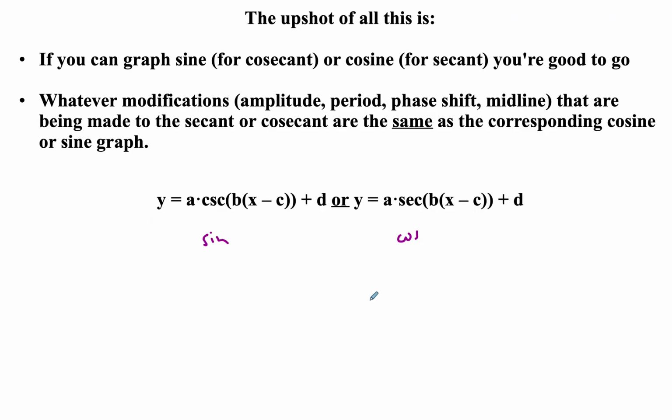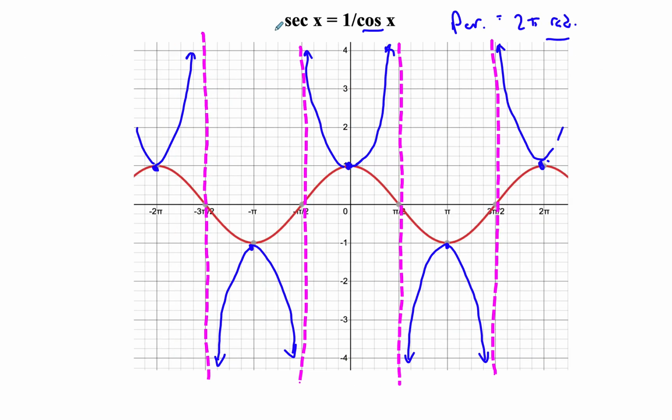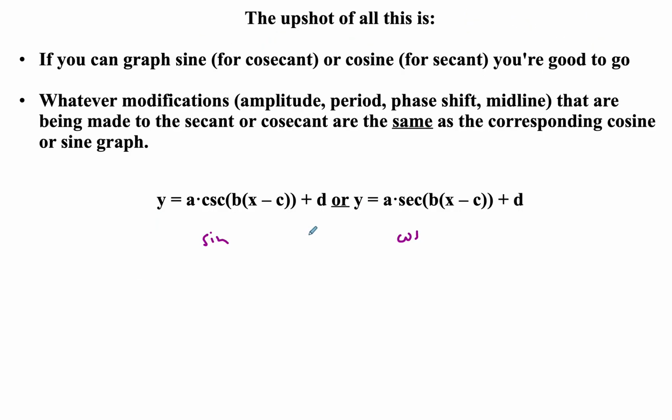In fact, a lot of the time people will graph the actual sine or cosine graph and then add the secant or the cosecant as a little guide. It just makes it easier, right? Okay. So these are very much closely related, as you might expect, to sine and cosine, because they're based on sine and cosine. Okay? So that is secant and cosecant in a nutshell.